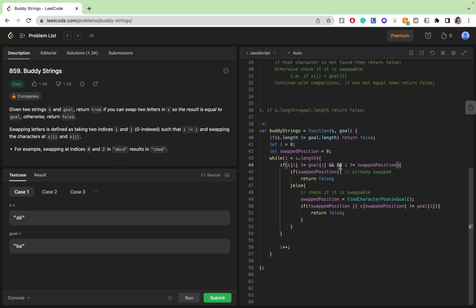If it is not equal, okay, they are not equal, but I should also check, even before this, actually. If i is not equal to swapped position and si is not equal to goal i, I think I should put -1 here.